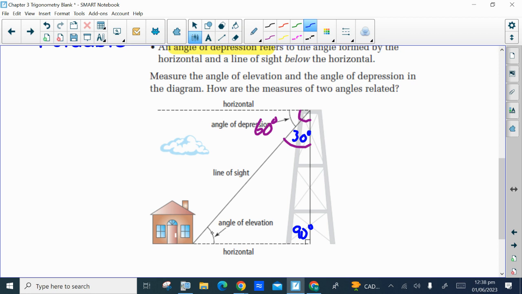So if we say that that angle there is theta, we can say that theta plus 30 degrees, the angle at the top, plus 90 degrees, the right angle, they must add together to get 180 degrees. 90 and 30 add together to get 120 degrees.